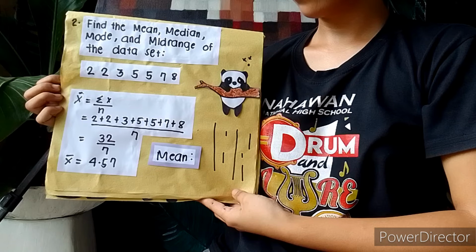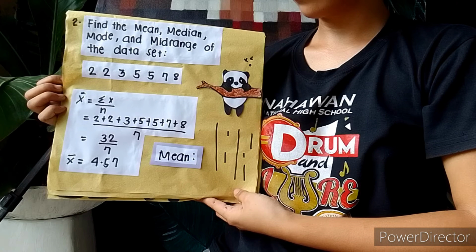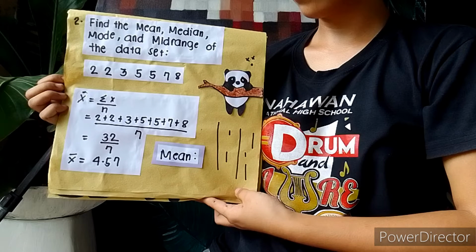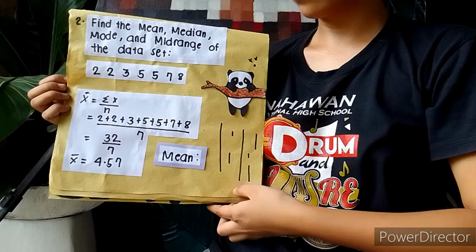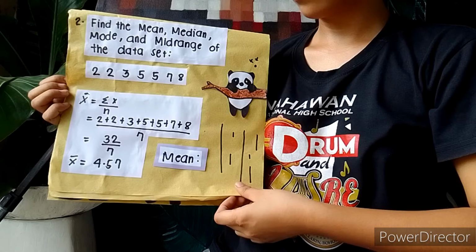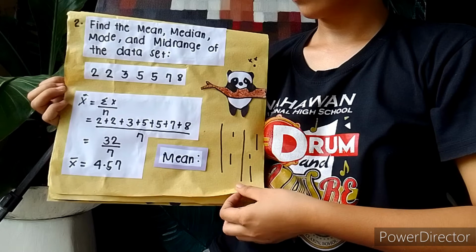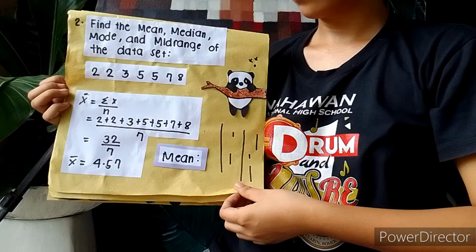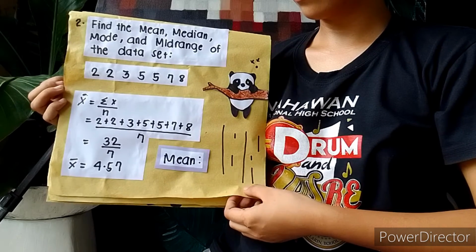So for the summation of x, we need to add all the values, which is 2, 2, 3, 5, 5, 7, and 8, divided by the number of values. So 2 plus 2 plus 3 plus 5 plus 5 plus 7 plus 8 equals 32 divided by 7. So the mean of the dataset is 4.57.